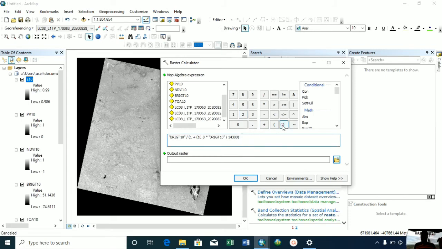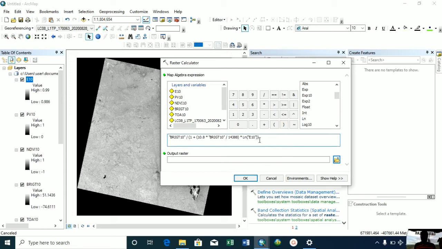Then a bracket times ln of E. So we have to find where there is ln here, ln of E of emissivity. So this one E, and so ln of emissivity. So you have to close the bracket here.